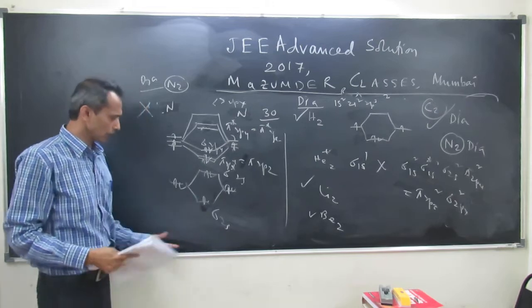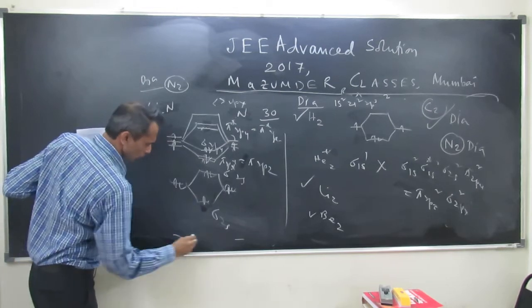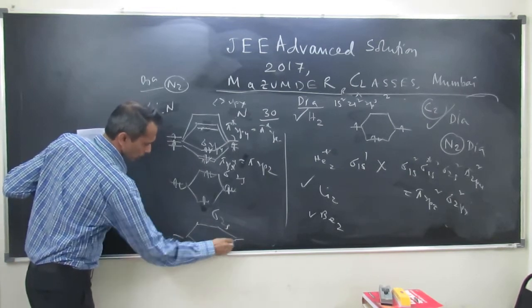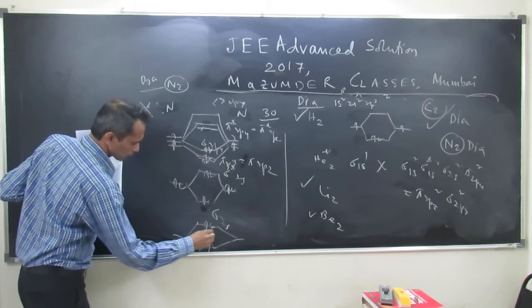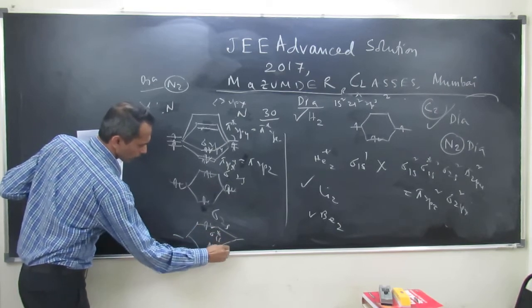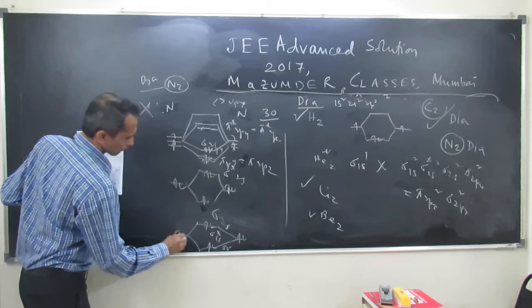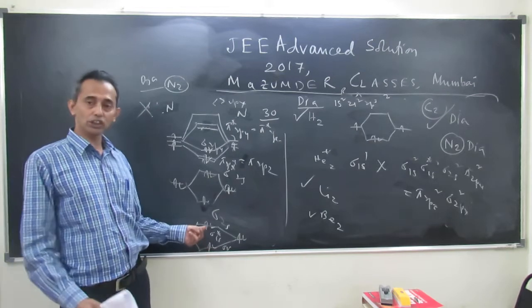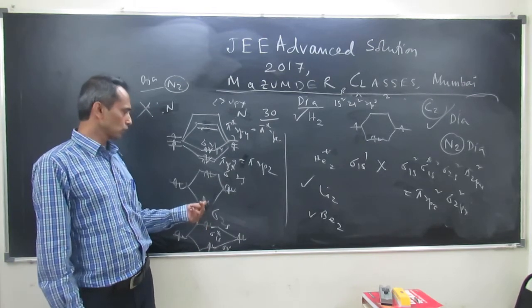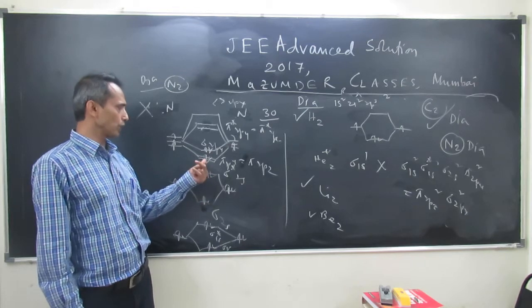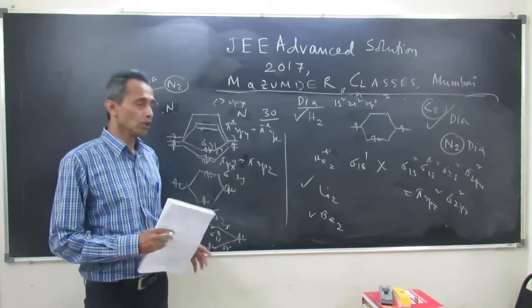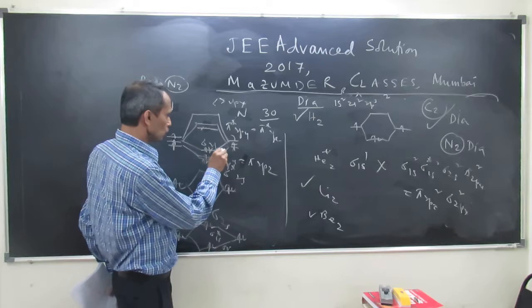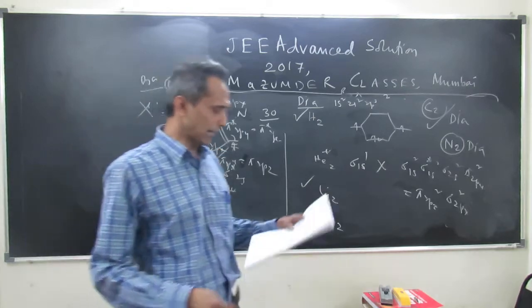I have not counted 1s2, but you can take it: sigma 1s2, sigma star 1s2, sigma 2s2, sigma star 2s2, then pi 2py2, pi 2pz2, and sigma 2px2. So you get it as diamagnetic.